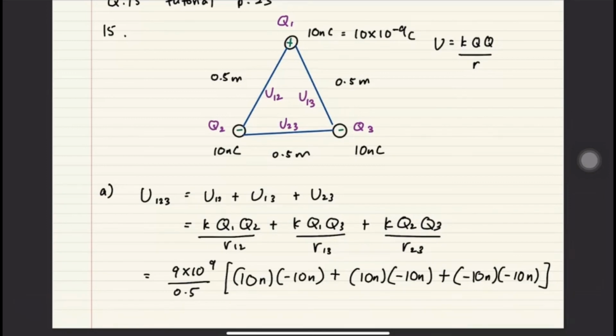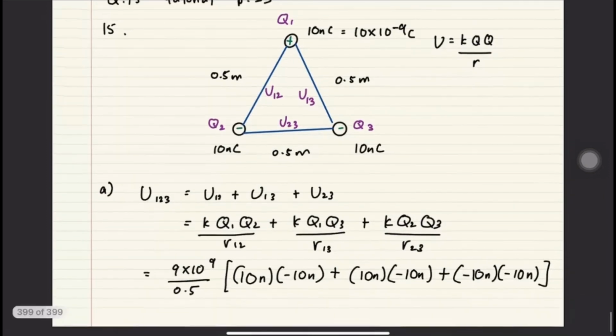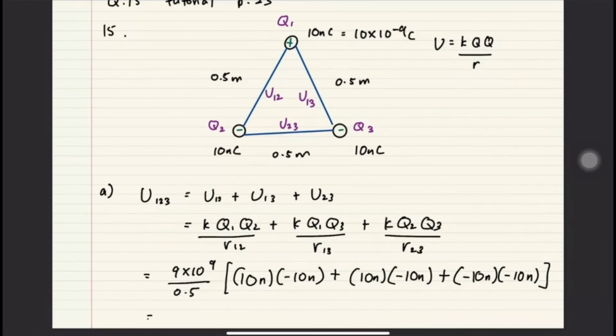Cuba tekan calculator. Berapa kamu dapat? Sebenarnya darab 10 negatif 9 tu kamu boleh bawa keluar. Betul tak? Nano tu. Tapi itulah. Kamu kena be careful sebab dia nano square lah. So kalau tak biasa jangan bawa keluar.